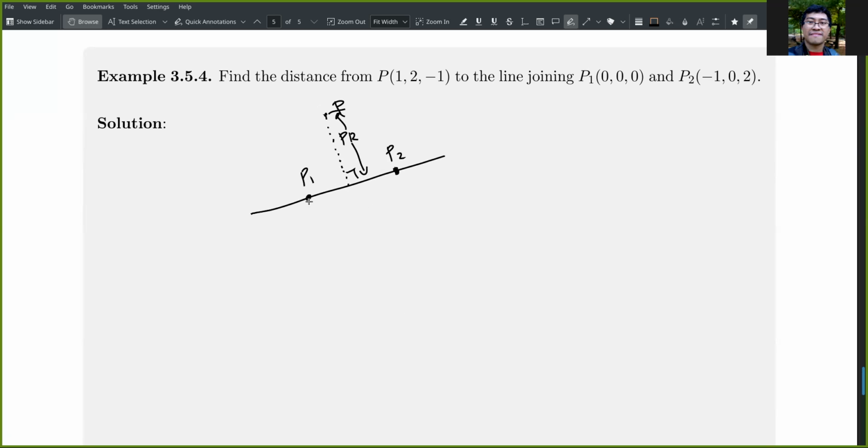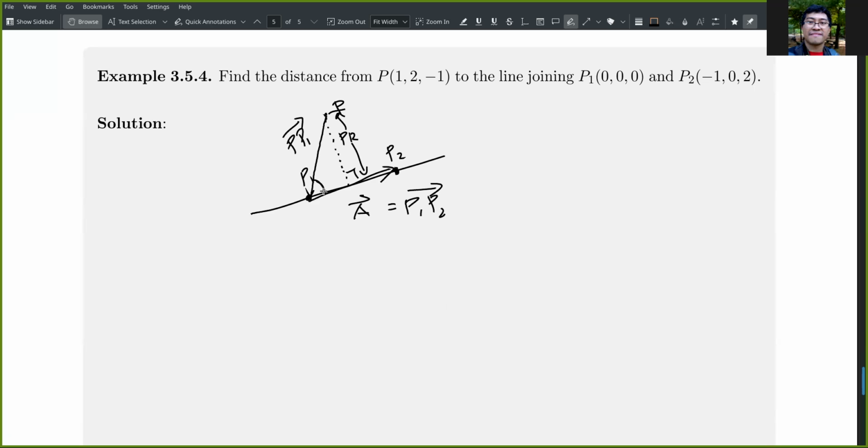We can first connect this. So that's P1, P2. Let's call that vector A. Once we have A, we can then connect P and P1. Now that we have PP1 and A, if you take the cross product, the angle between the two is this.